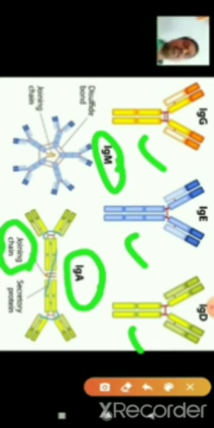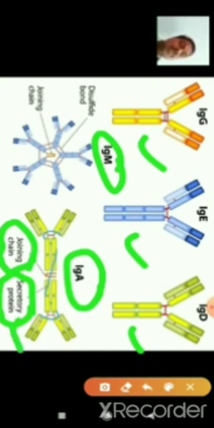The joining chain is present between the 2 antibodies, and at the same time another component, the secretory protein, also binds the 2 antibodies in IgA.